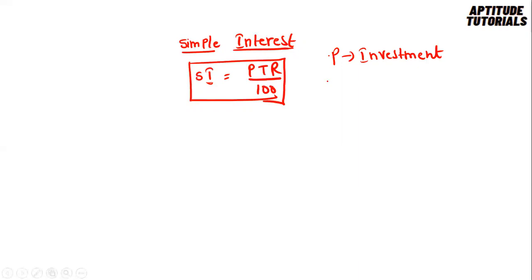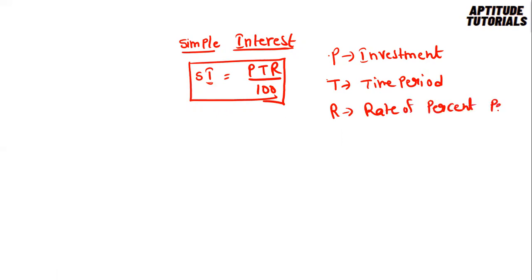Next, T is the time period, and R is the rate of percent per annum. Per annum is nothing but per 1 year. So how did this simple interest concept come into existence? Try to understand. As I'm saying, principal is the investment for calculating the interest.